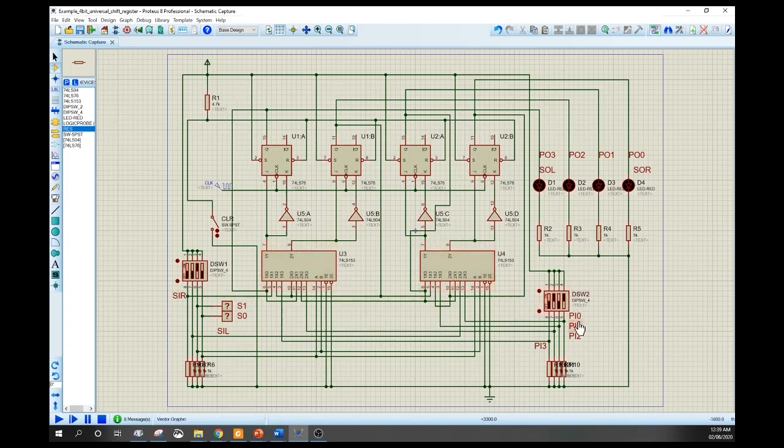On the second dip switch, these are the 4 parallel load inputs. And likewise, we also have the parallel outputs here connected to the flip-flop outputs. And likewise, if we have SIR, we must have SOR. And if we have SIL, then we must have SOL here.